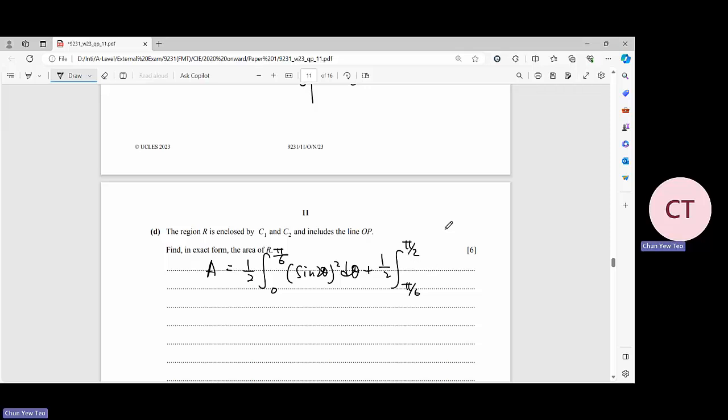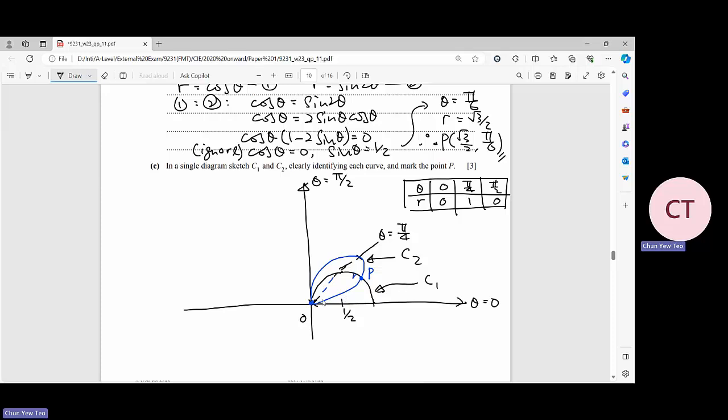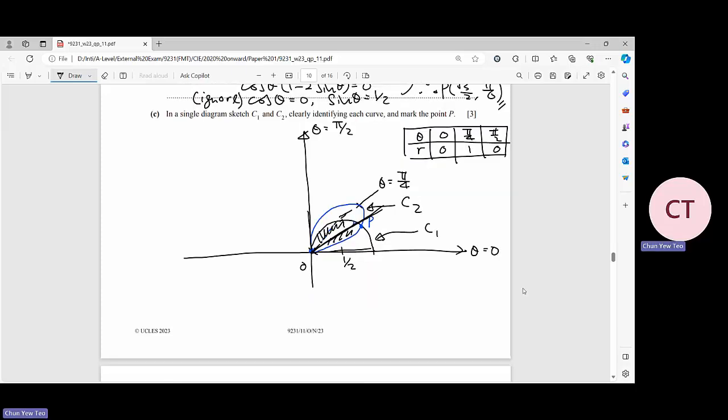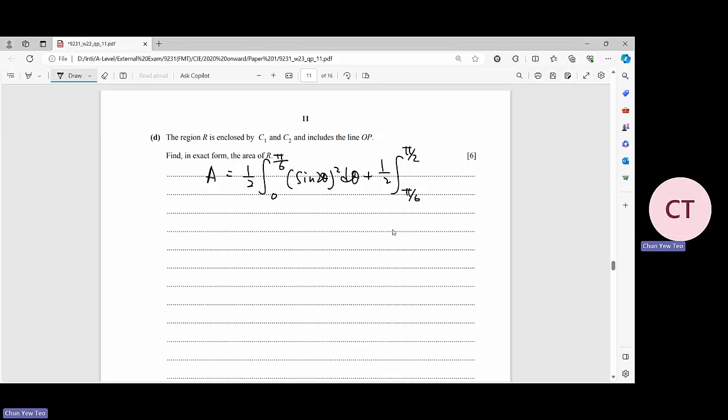At first, this area is from 0 to pi over 6. After that, this area is from pi over 6 until pi over 2. So you have two separate areas, but you join them together. This one belongs to C1, which will be cos theta squared d theta. Okay, so this is what you need to write down as the formula on the very first line.